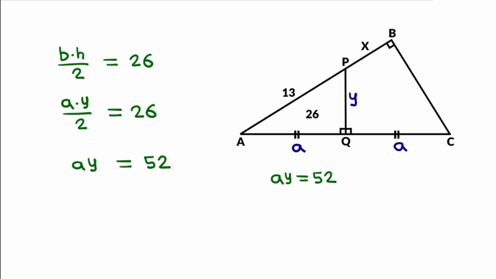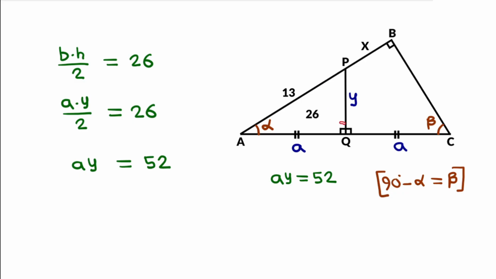Now let's look at the angles. Call the angle at A alpha. Since the large triangle ABC is a right triangle, the angle at C must be 90 degrees minus alpha. Let's call that angle beta. Now focus on the small triangle, AQP.